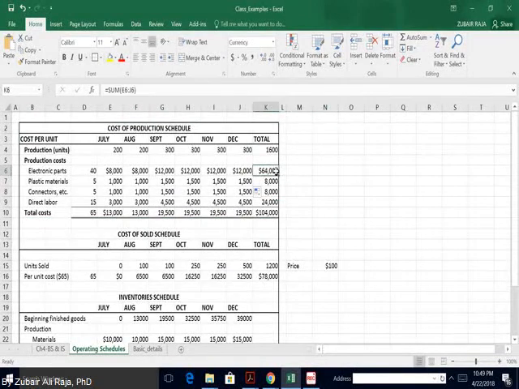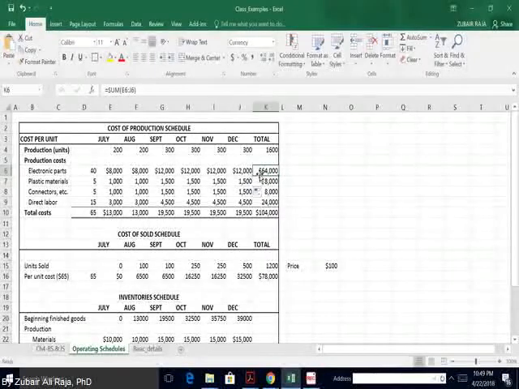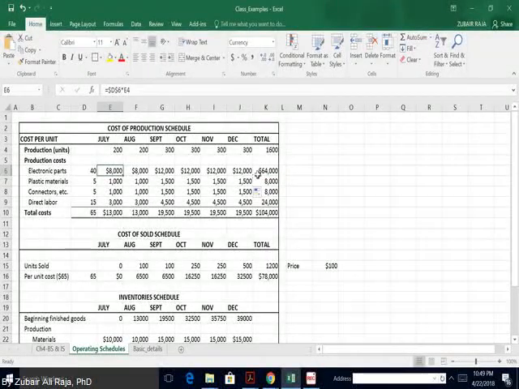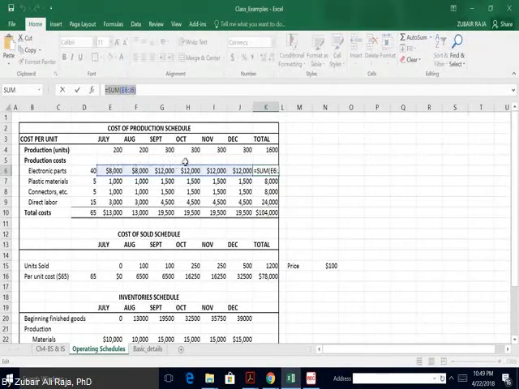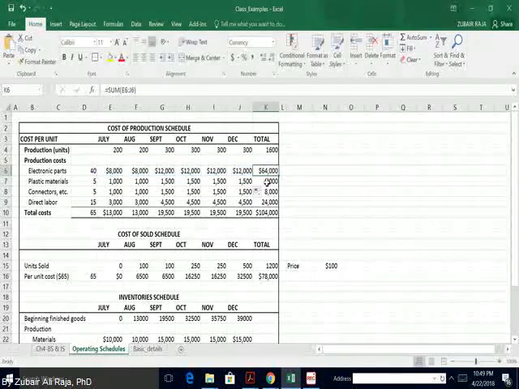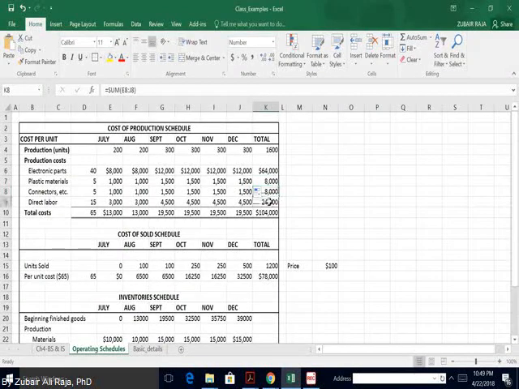Again, if you see over here, E6 all the way to J6, everything is getting added. Likewise for the third row, fourth row, fifth row, and even the sixth total cost row.